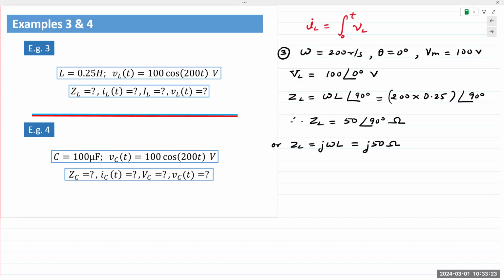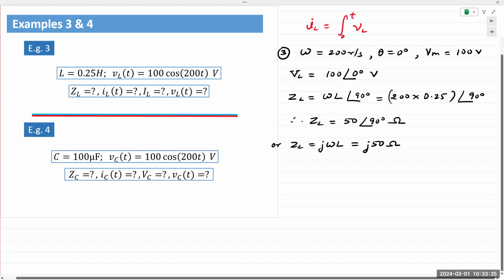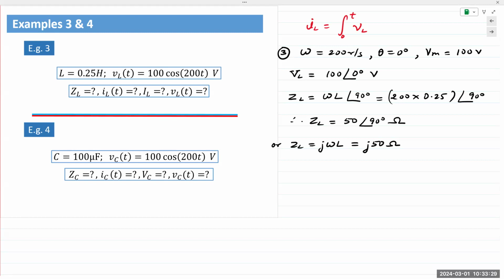Omega L with the angle of 90 degrees. So remember, the current and the voltage for an inductor is out of phase by 90 degrees. So the voltage leads the current by plus 90. So if the current is at 0, voltage would be at plus 90 degrees, pointing straight up. It'll make a little bit more sense when we get to example 5.